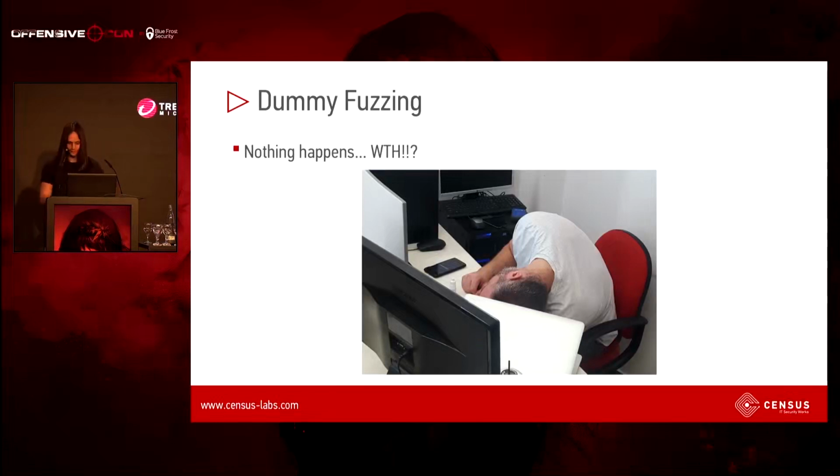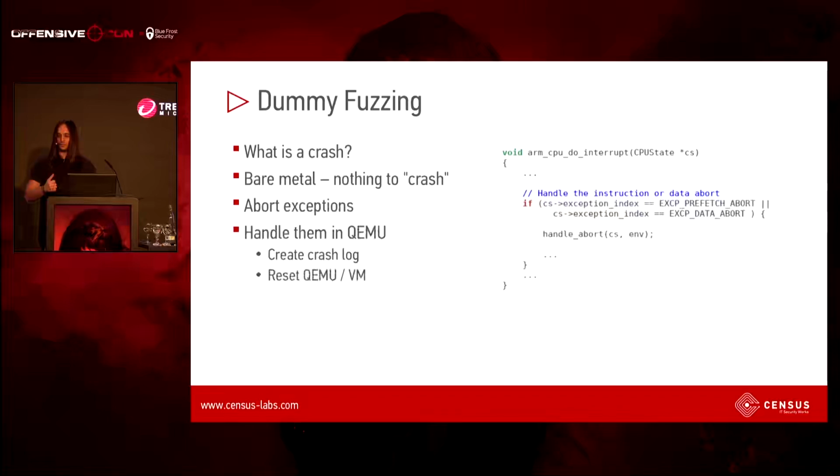So what the hell's going on? There's nothing there to crash because this is a bare metal implementation. So what happens when things go south? Abort exceptions, which are synchronous exceptions. And what we do there, we handle them in QEMU. We identify them in ARM CPU do interrupt, same as BRK, with the exception index.